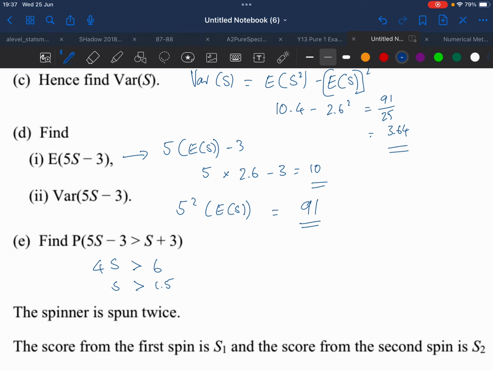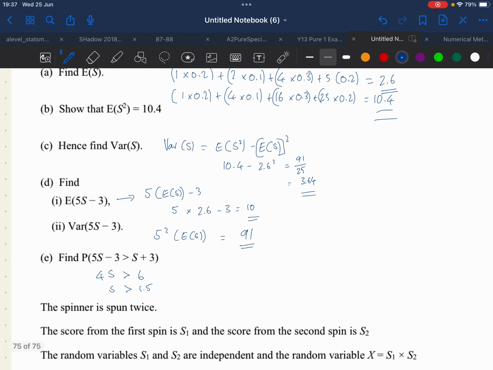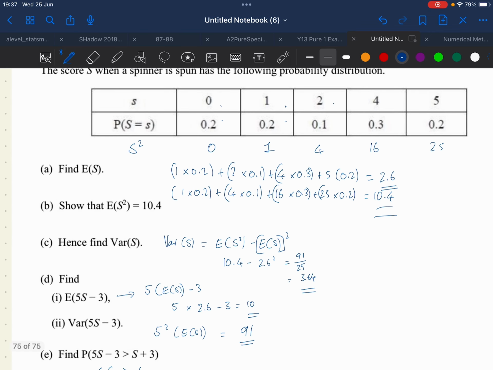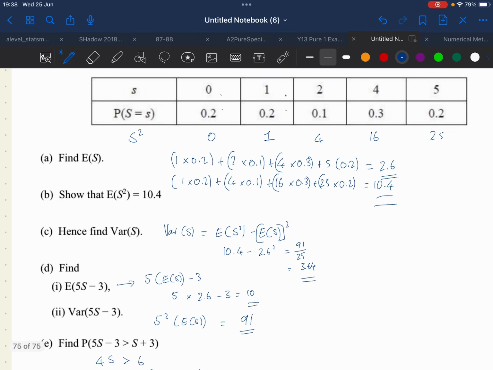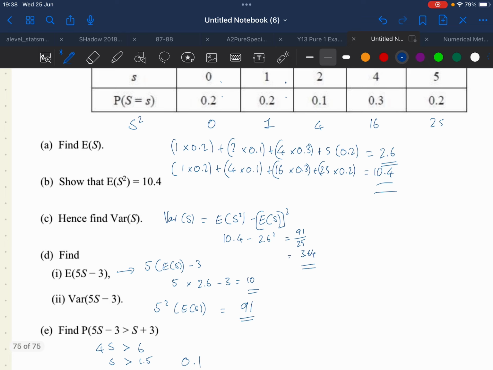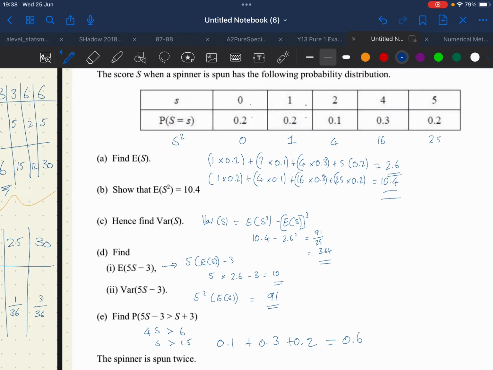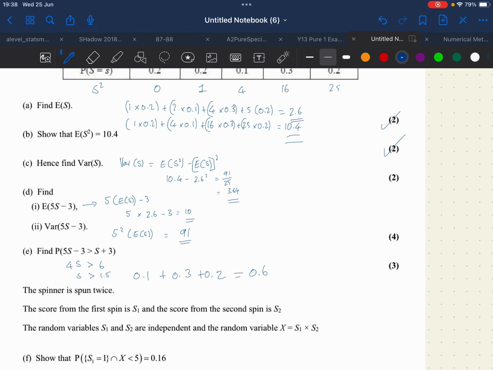Well, the possibilities that I'm interested in then are 2, 4, and 5. So that is just 0.1 plus 0.3 plus 0.2, which is 0.6. Okay, done.